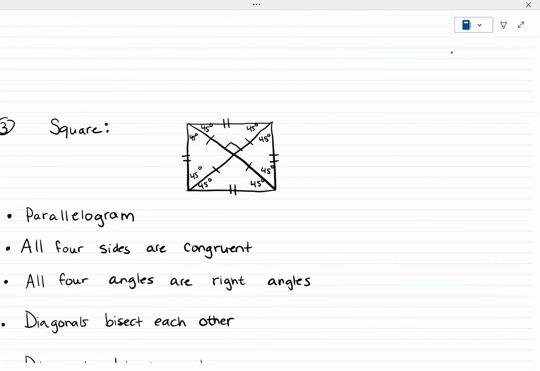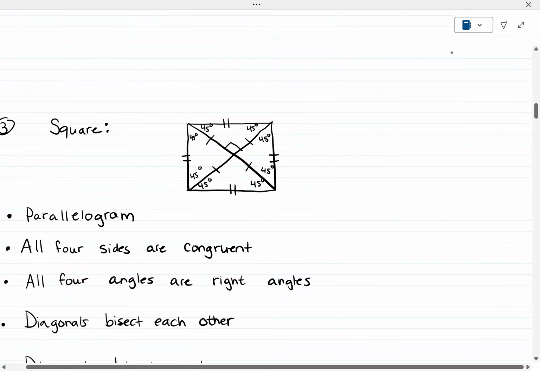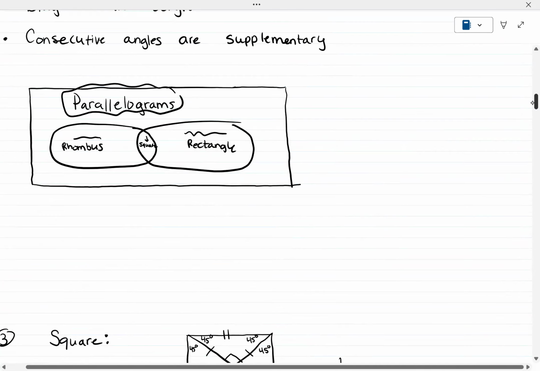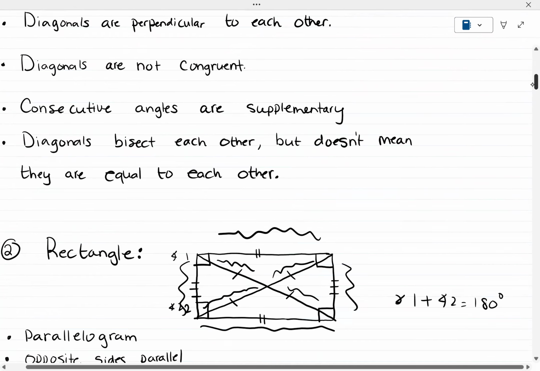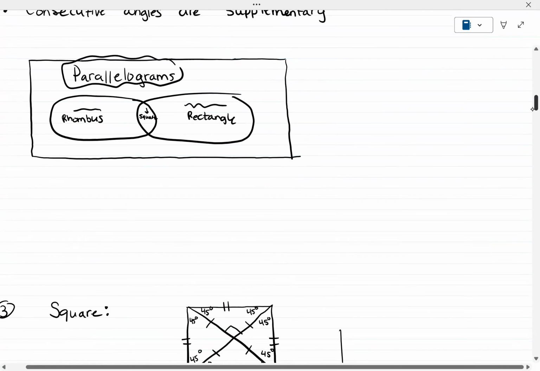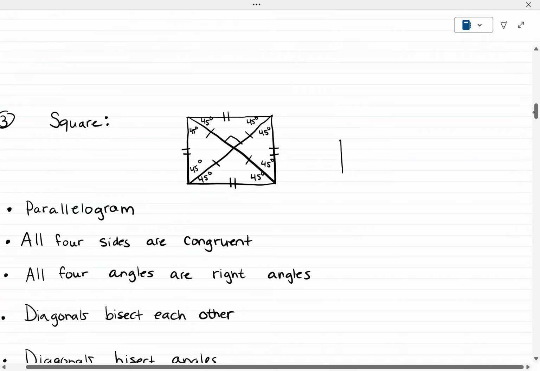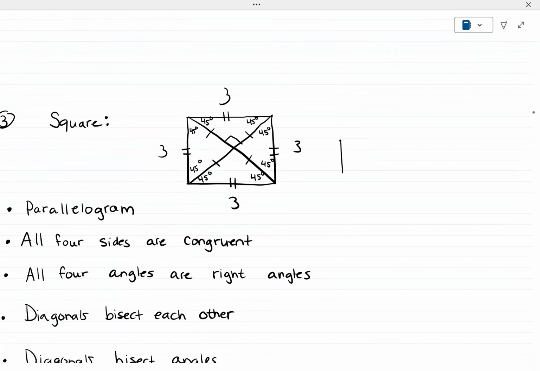So if this side is three, this side must be three, and this side is three.